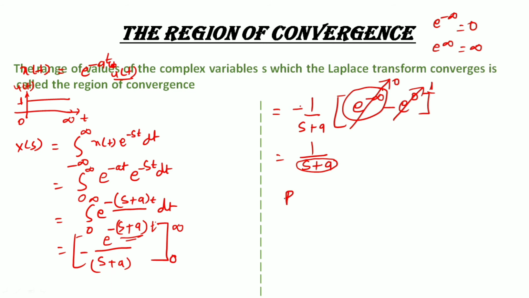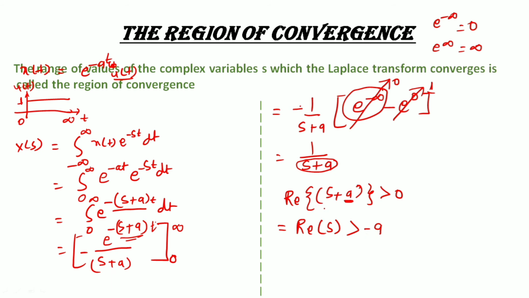So the region of convergence will be s plus a greater than 0. So we will have the real part of s, and when we take this a to the right-hand side, it will be minus a. So the region of convergence is greater than minus a.